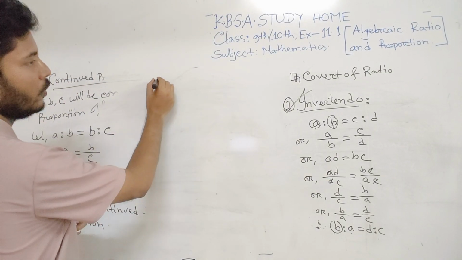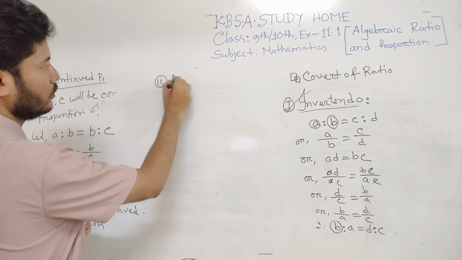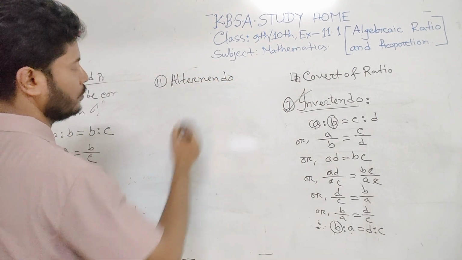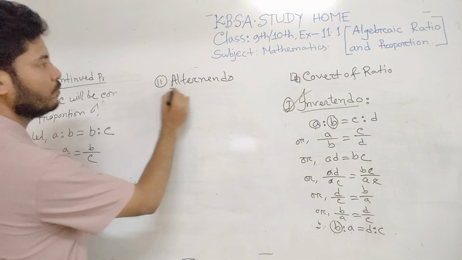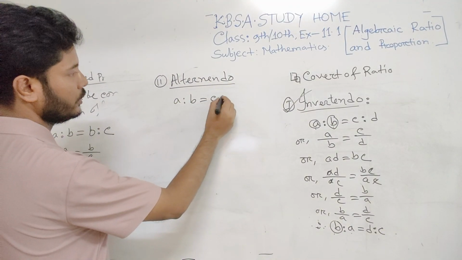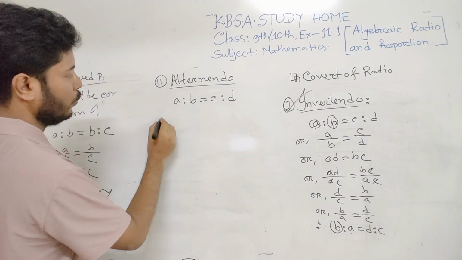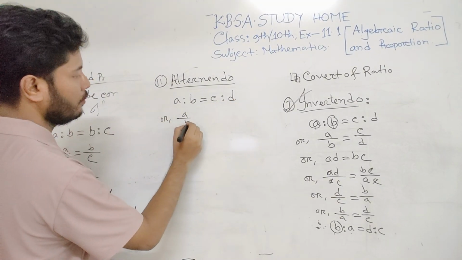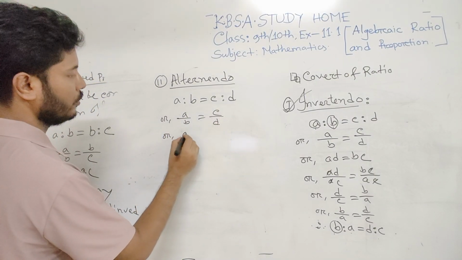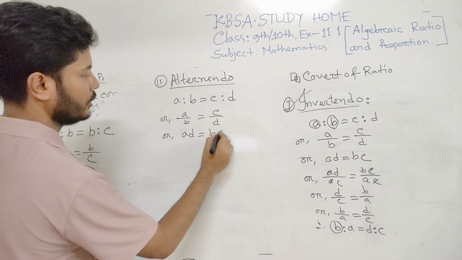Now we will learn alternando. Okay, A colon B is equal to C colon D. We can write it as A by B is equal to C by D, or AD is equal to BC.